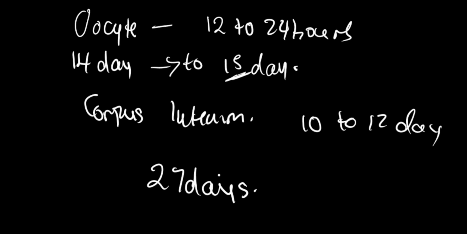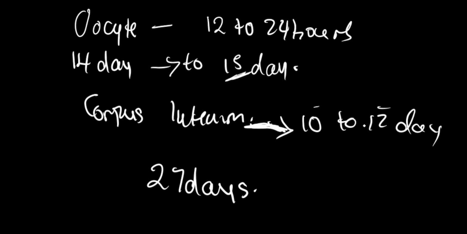Now, this corpus luteum produces progesterone, and this progesterone maintains the endometrial lining of the uterus, with blood supply, in preparation for pregnancy. However, the corpus luteum degenerates 10 to 12 days after ovulation, if fertilization doesn't take place.